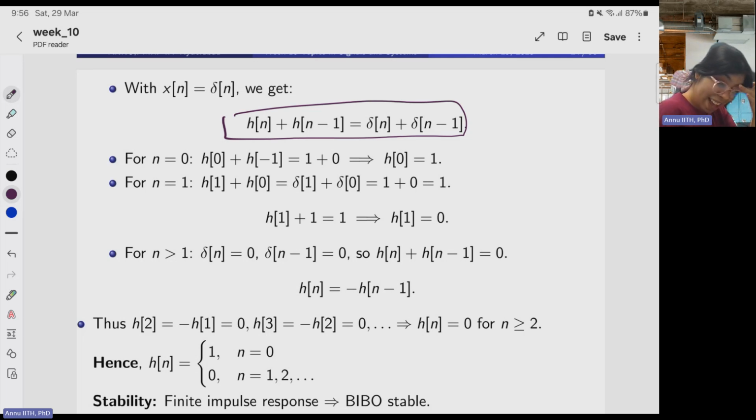Okay, so you don't have values for n less than 0. So you have values at n equal to 0 and n greater than 0. So you have BIBO stability.